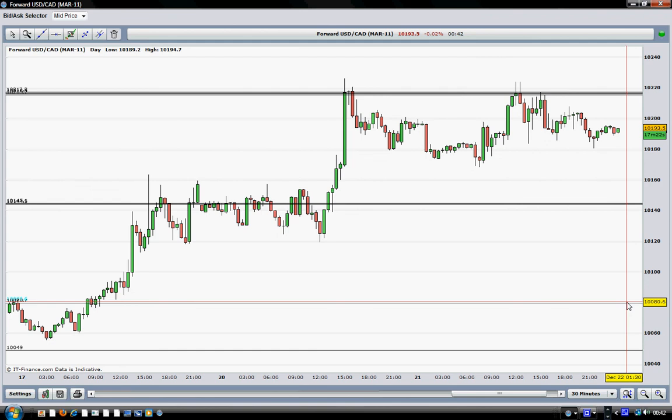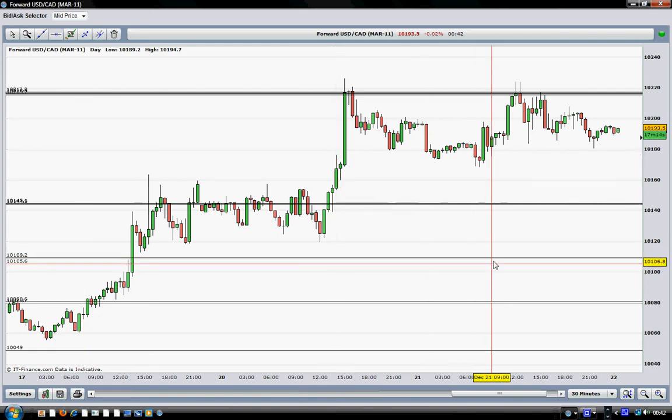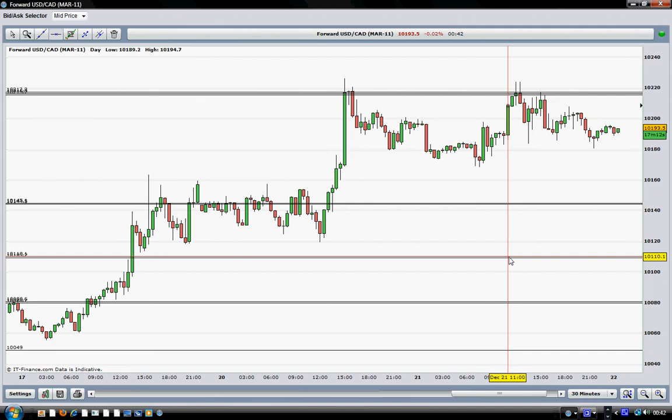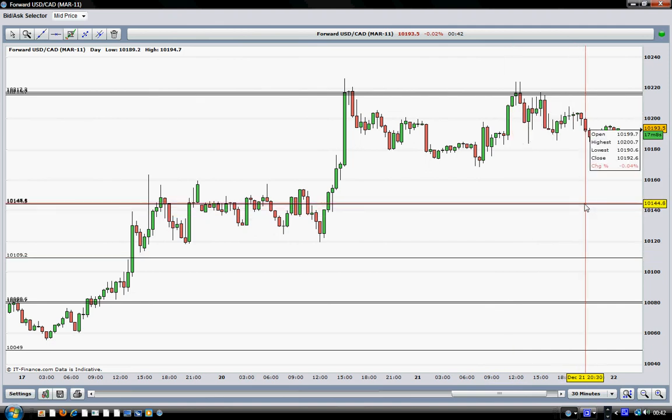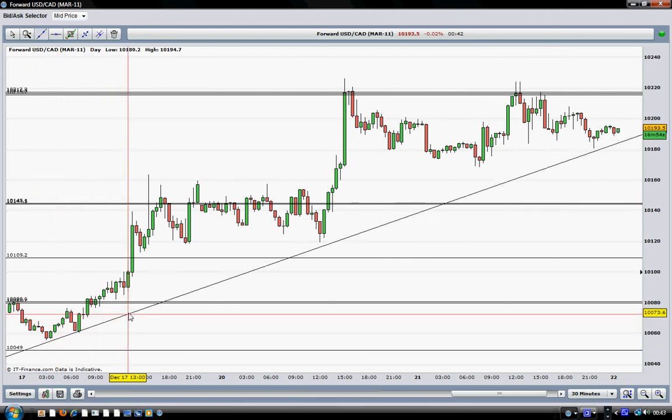But as always, when you are trading inside a channel, it's very important to pay attention to the middle line, which is somewhere here at 10109. So after we cross 10145, we will pay attention to 10109, but the ultimate target will be 10080. We are still bearish towards the US dollar Canadian dollar currency pair.